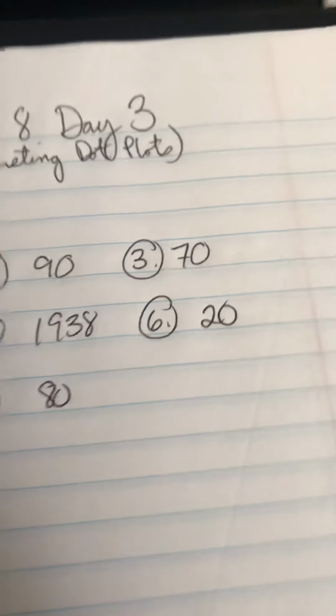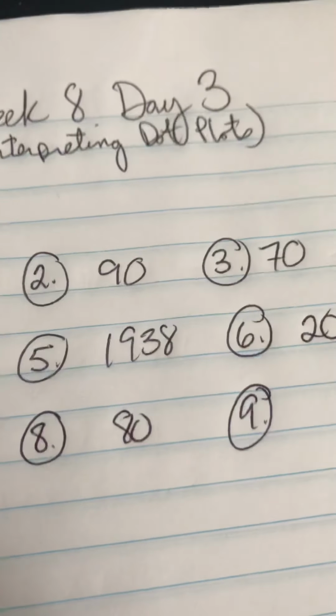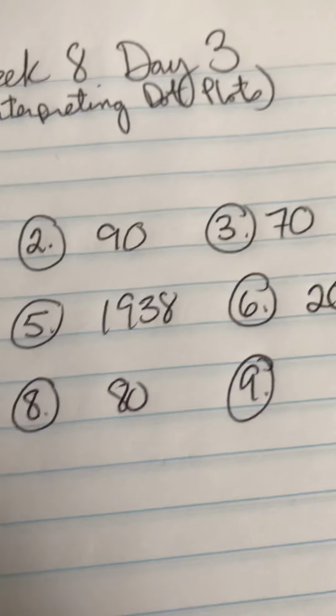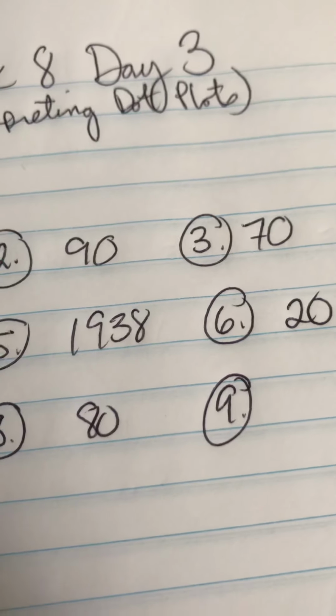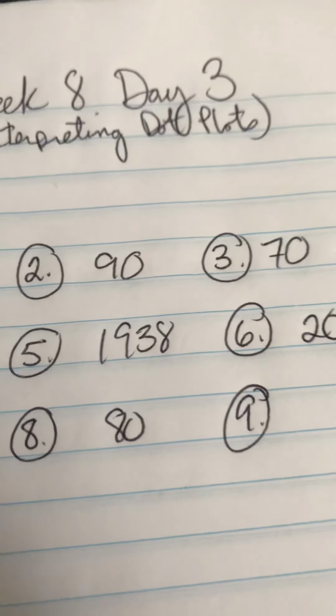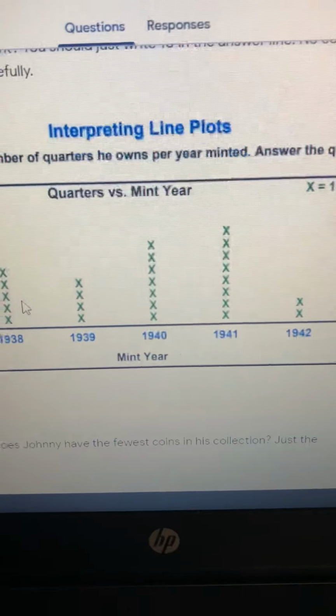All right. Number 9. Man, this is really cool. In total, how many quarters does Johnny have? Basically, you have to count all of the stacks.